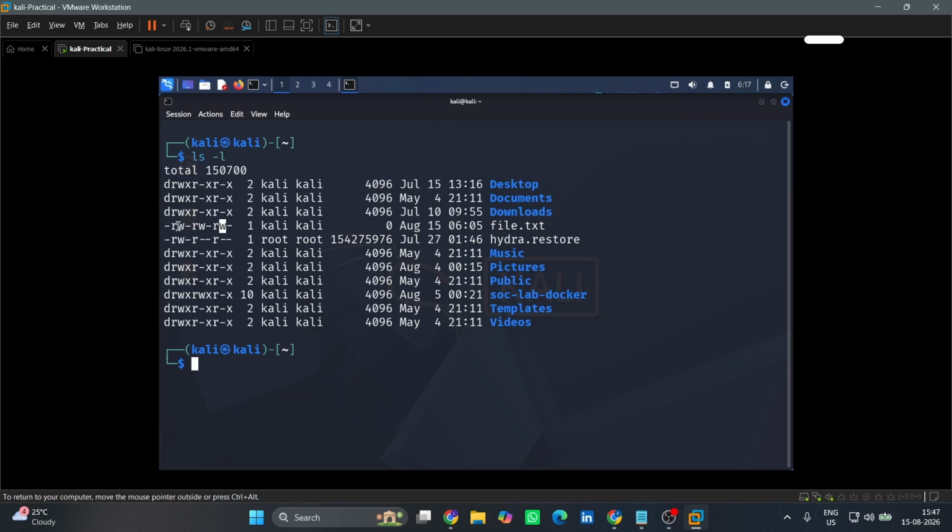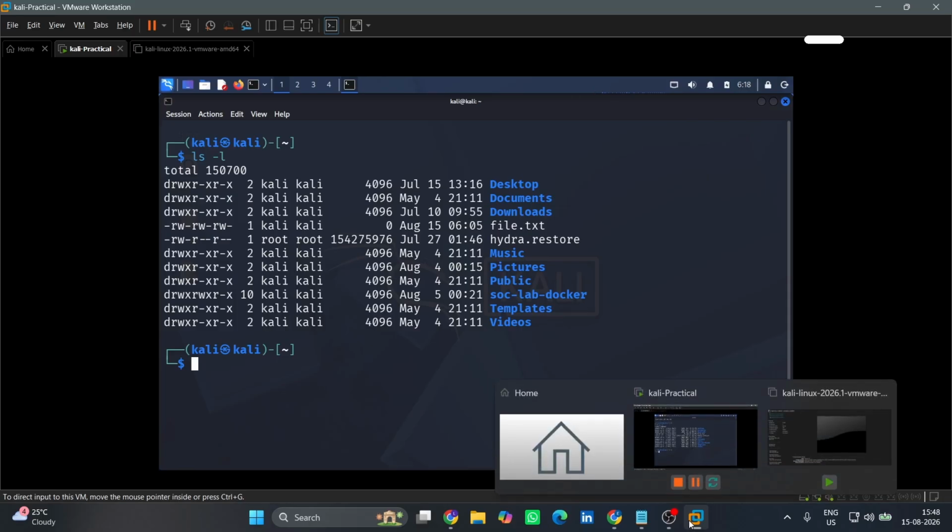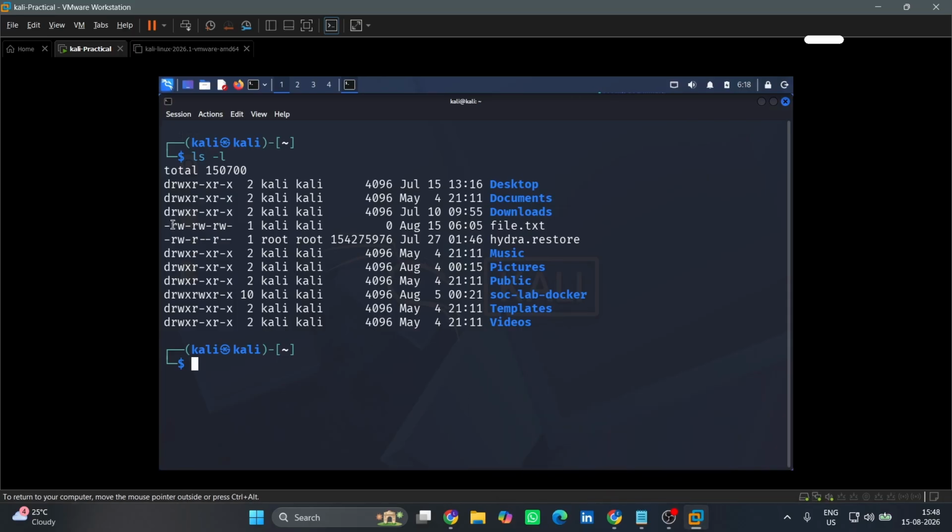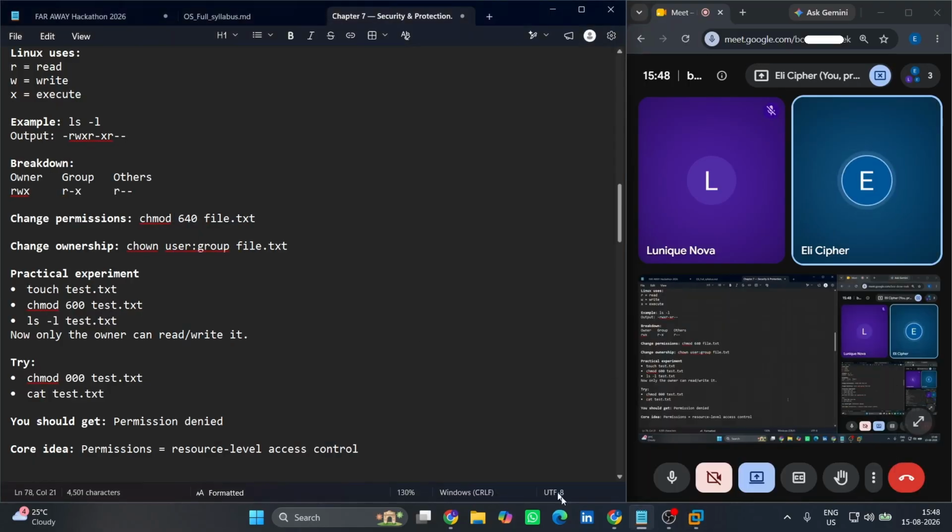I only want the permission of read and write to belong to the owner, not any other user in that particular group, nor the other users. The other users only have the read permission. Tell me the octal number which I replace here.